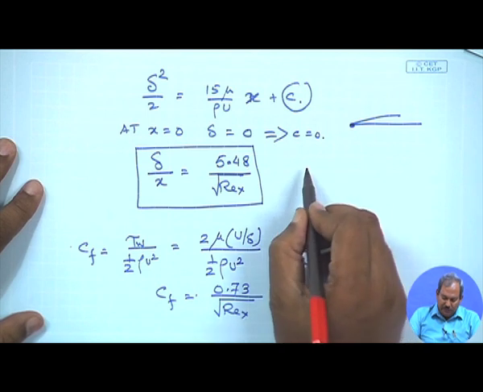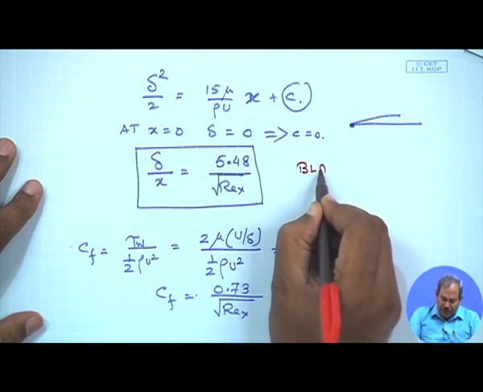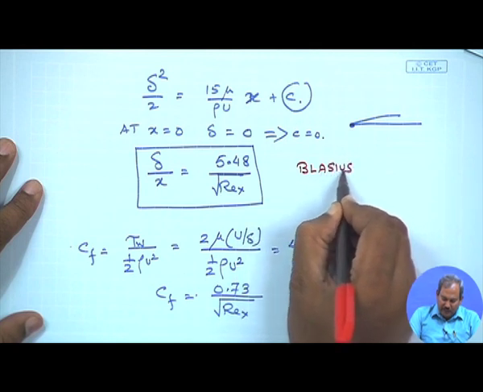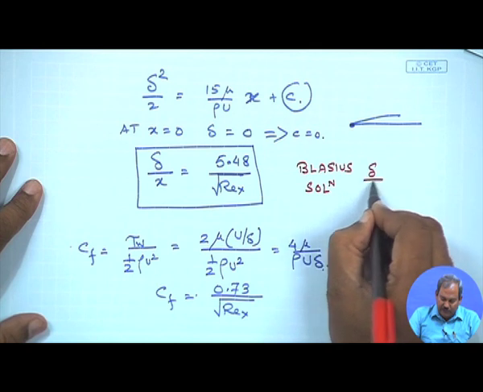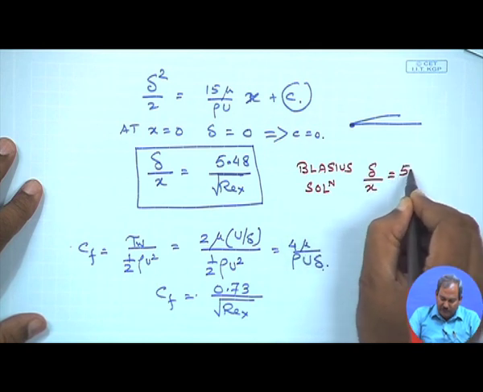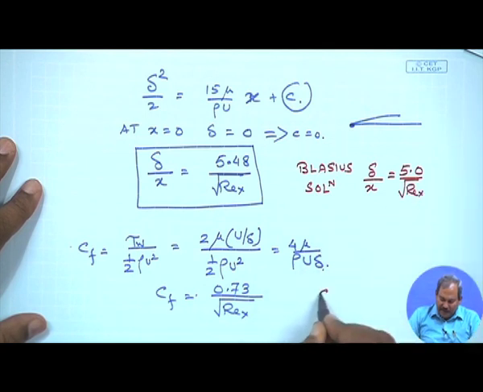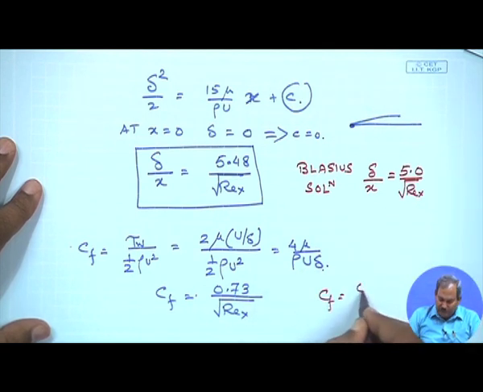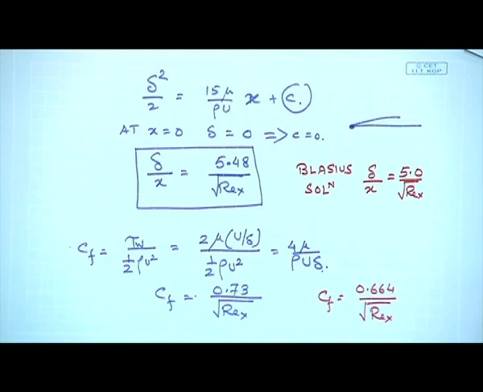If you do not remember this, I am going to use what we have obtained in the Blasius solution. Delta by x was 5.0 by root over Re x, and from the Blasius solution we have obtained 0.664 by root over Re x. That is the beauty of it.